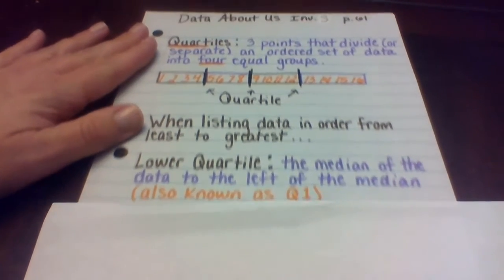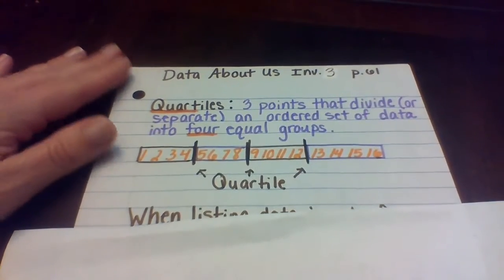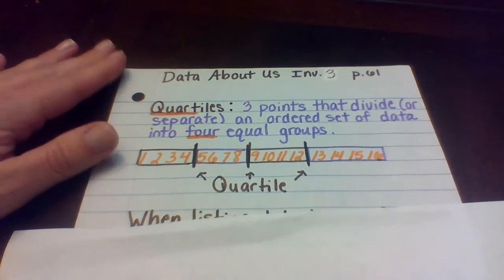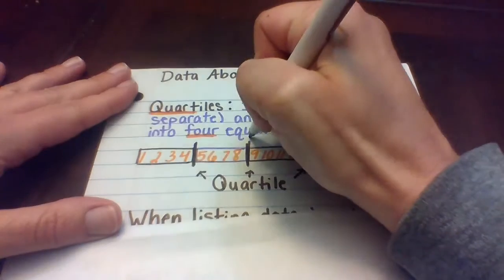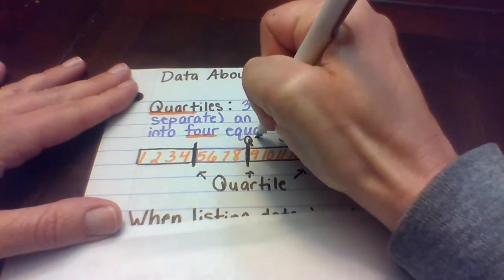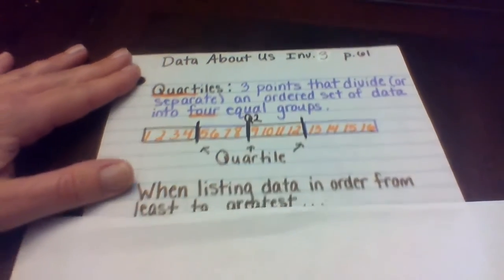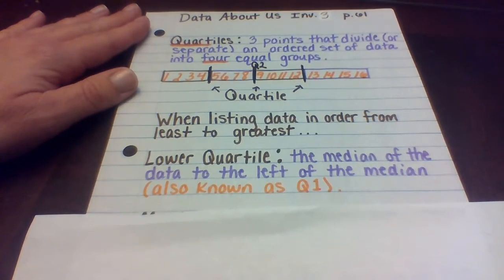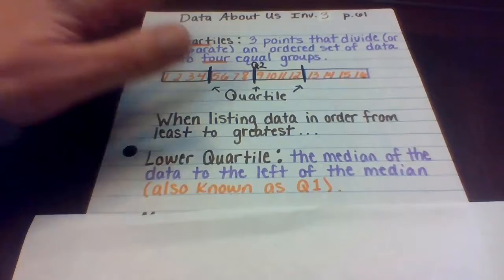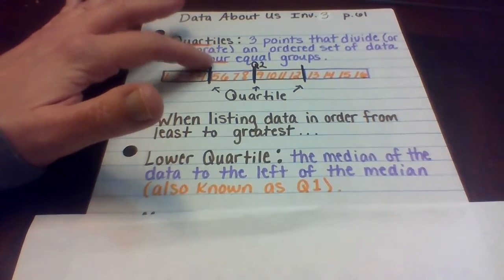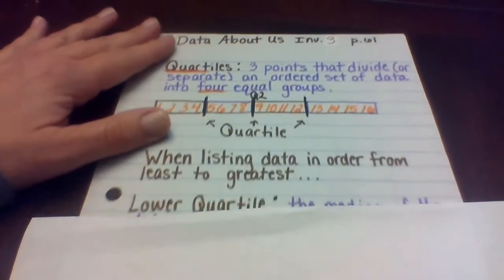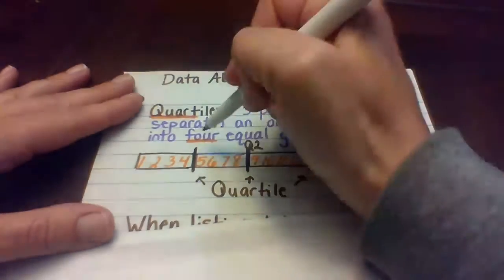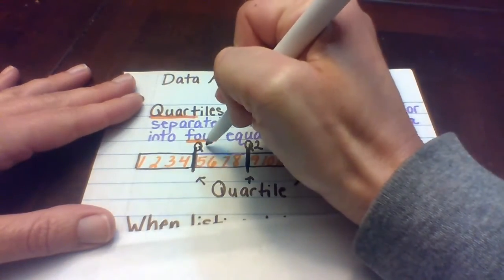So the very middle of my data is quartile 2. And this definition for the lower quartile is saying the median of the data to the left of the median. So here, this is my quartile 1.